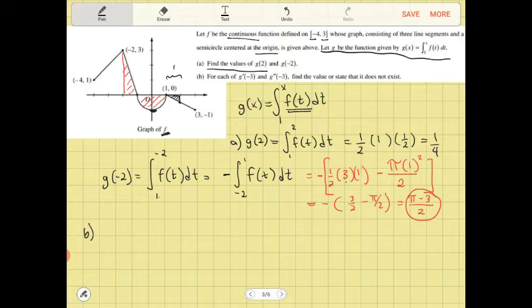What is the derivative of g, our accumulation function, at -3? And what is the second derivative of this function? Well, start by writing the function again. Here is g of x.